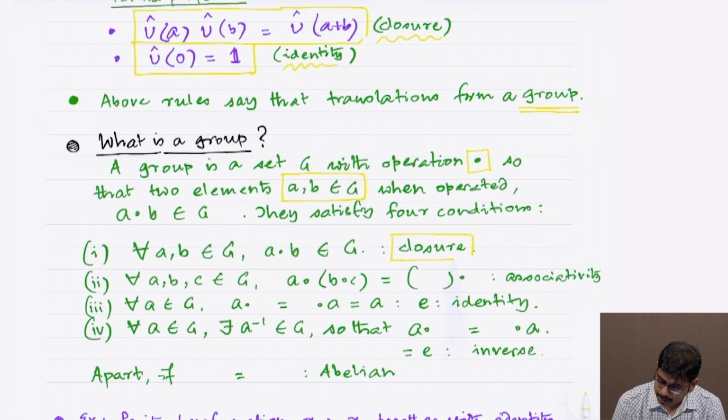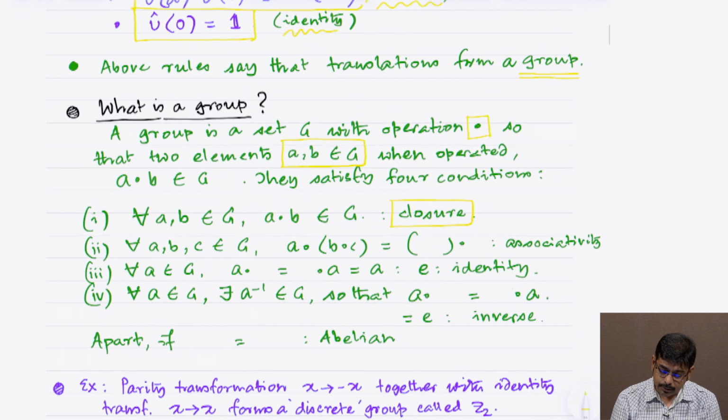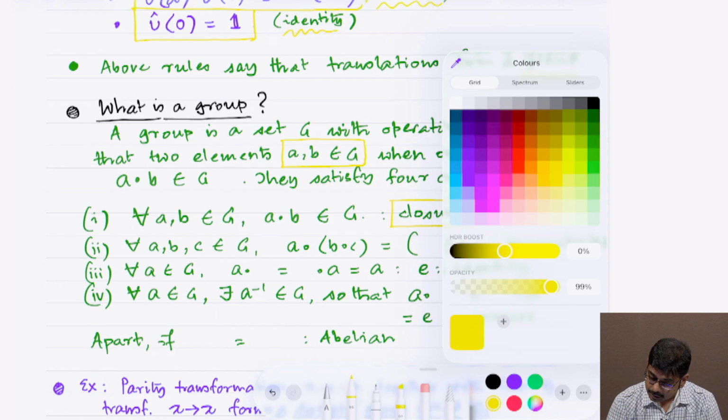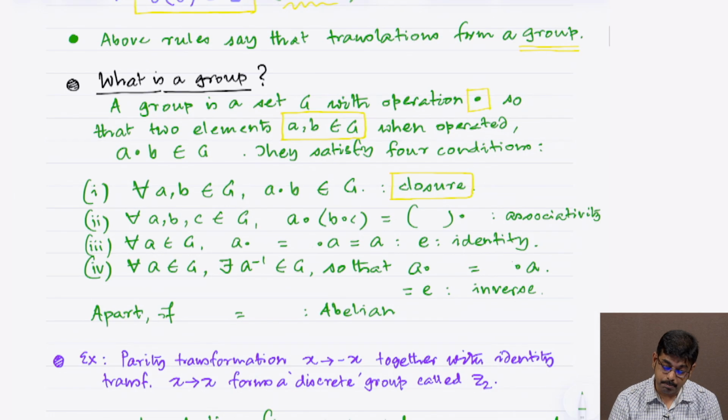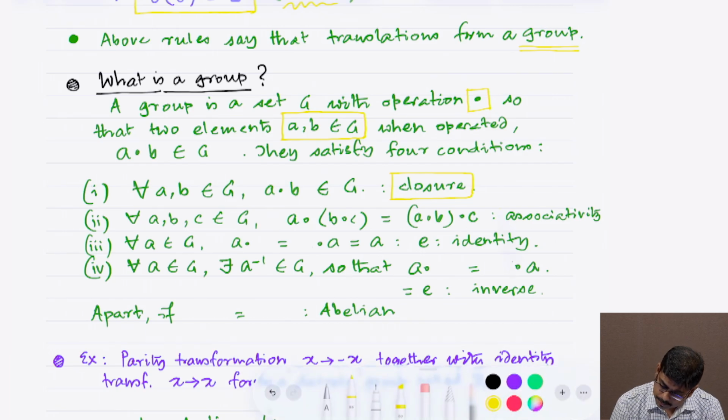The second point is, if you have 3 elements, suppose A, B and C, and you claim that it is immaterial in which order I do this operation, like A operated on B dot C is equivalent to A dot B dot C. This is what is called the associative property.